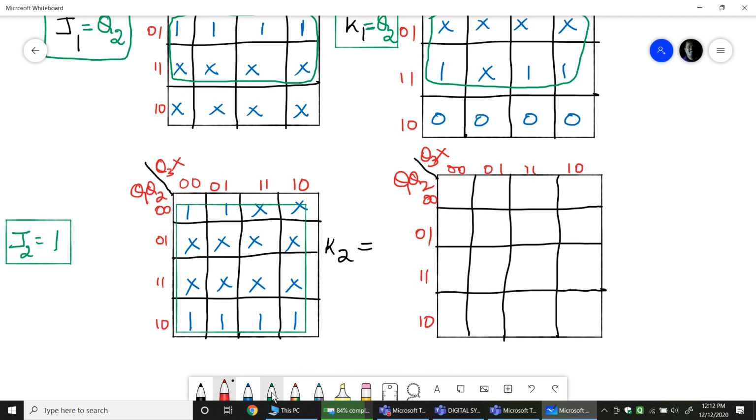So if I start entering the data for K2, all these are don't care, and then 1 1 1 1, then 1 X 1 1, then X X X X. Again for K2 also you see all will be grouped. Therefore K2 will also be equal to 1.